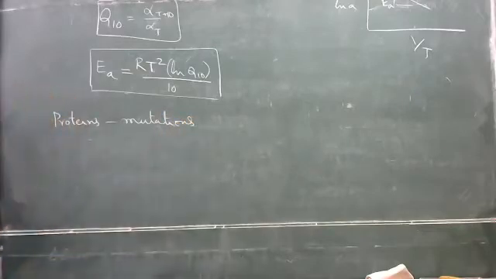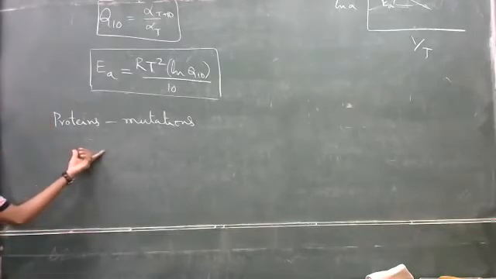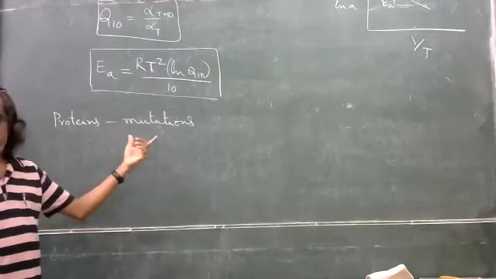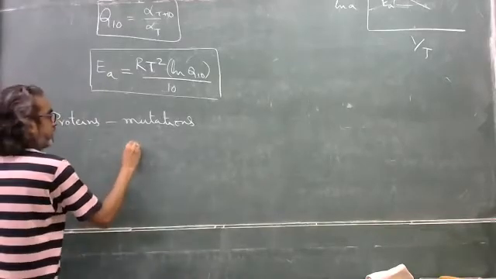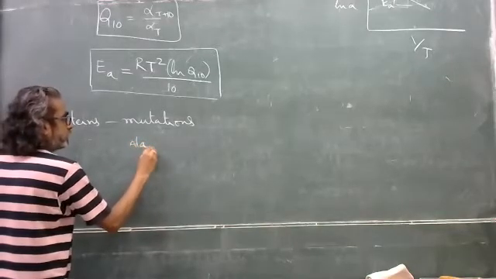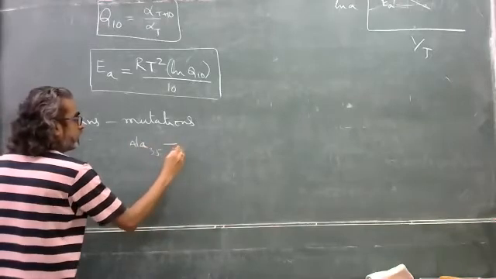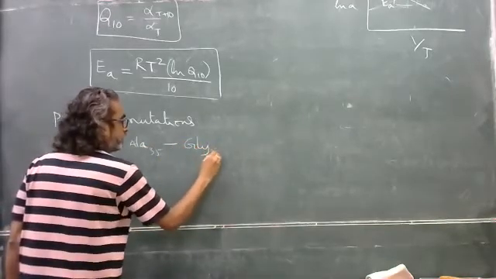Okay, so mutations means that you change an amino acid in a protein sequence to a different amino acid. For example, let's say alanine at position 35 is changed into glycine in that position.